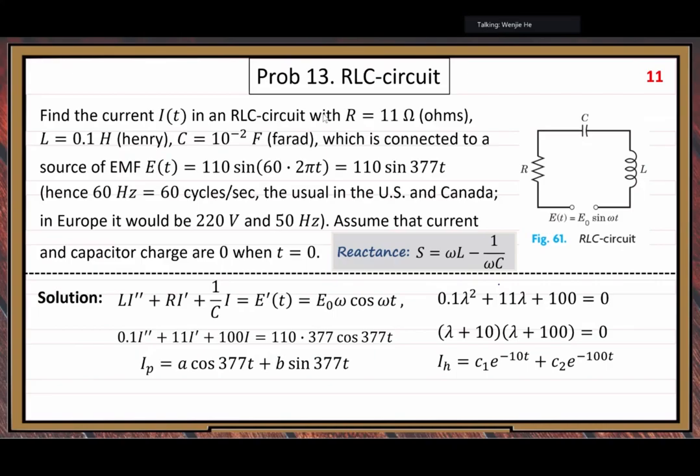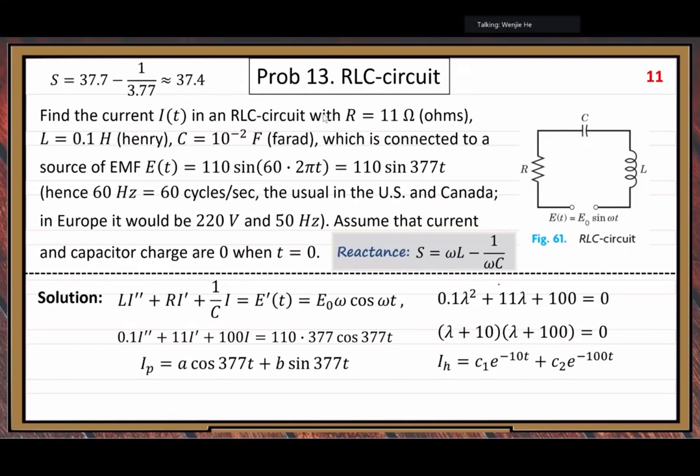So we introduce a new constant, capital S, defined by omega L minus 1 over omega capital C. Because this special constant will be used in our final solution, we want to make our final solution look simpler. So let's calculate that capital S. Based on the given data, we get approximately that number.